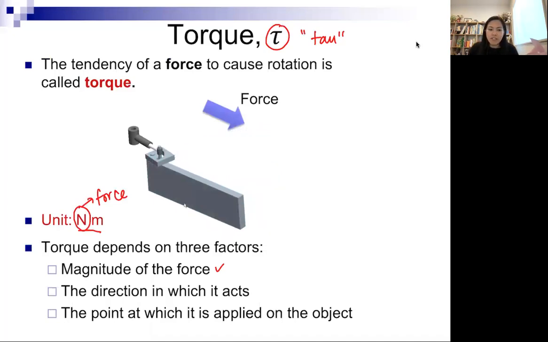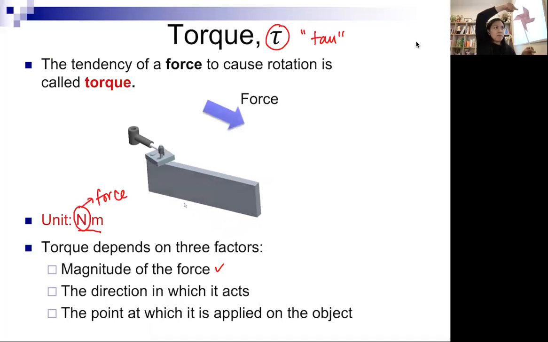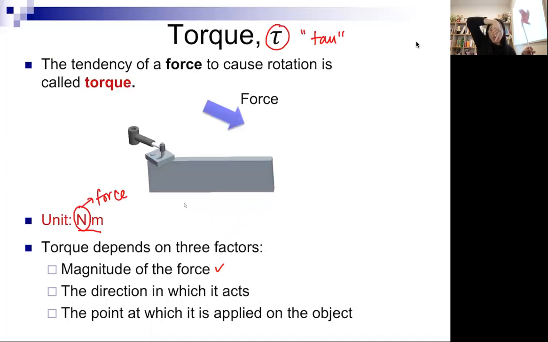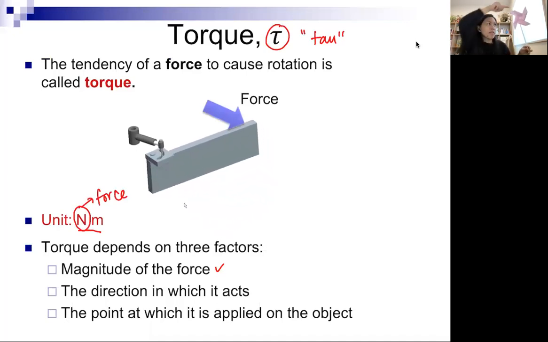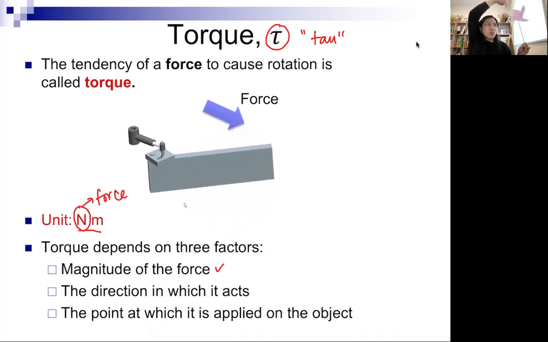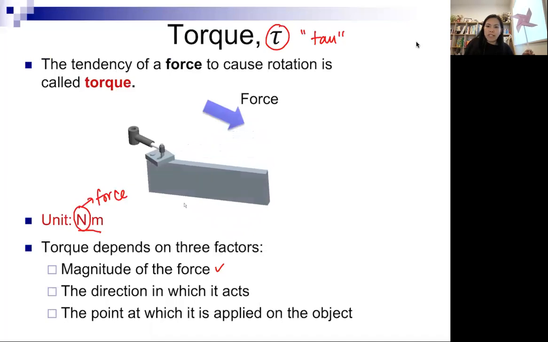It also depends on the direction in which the force acts. So obviously, if I push downwards on this side, then from your point of view the pinwheel will rotate anti-clockwise, right? If the force is exerted downwards on this side, then the pinwheel will rotate anti-clockwise.